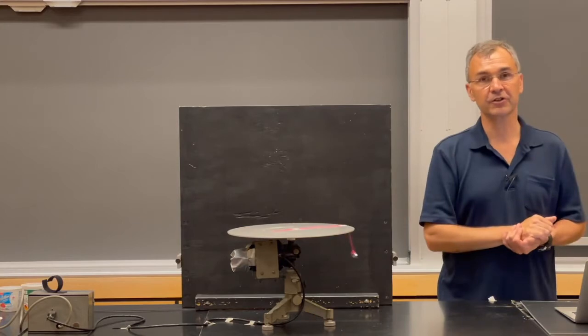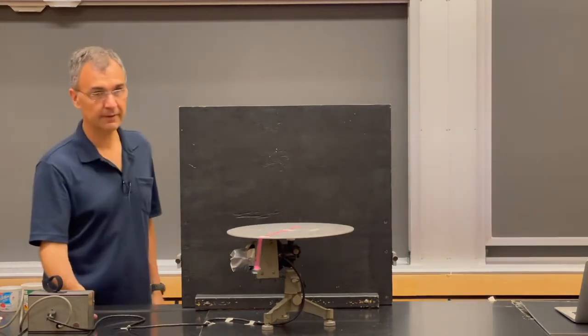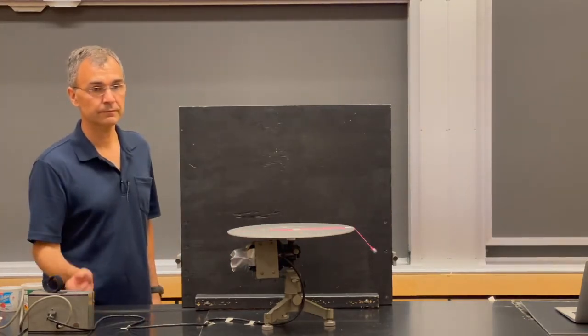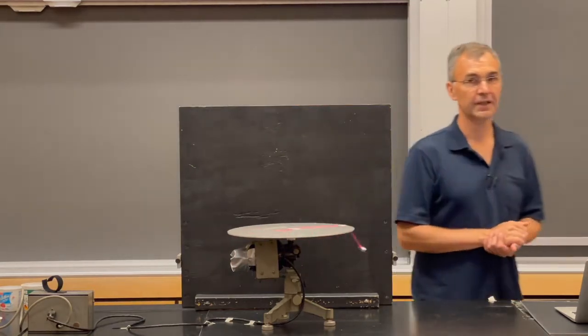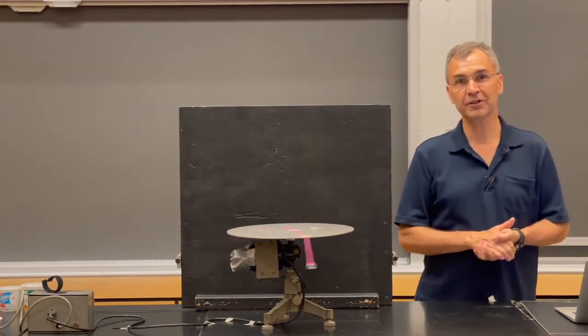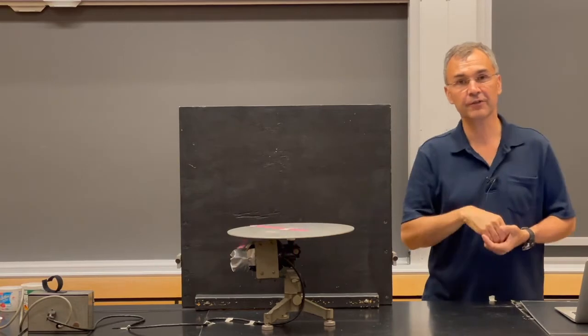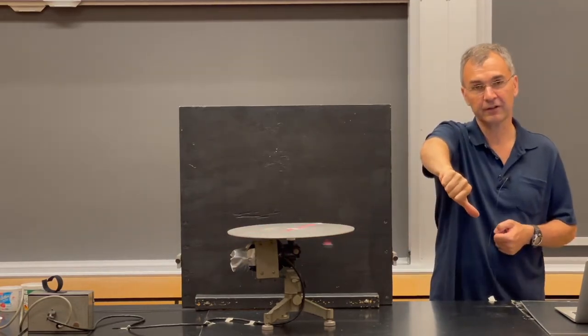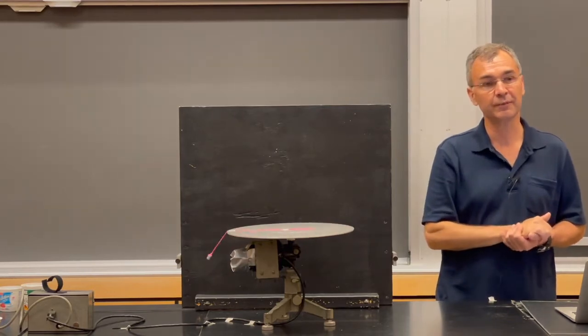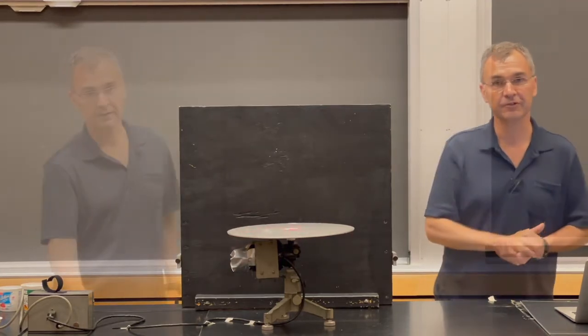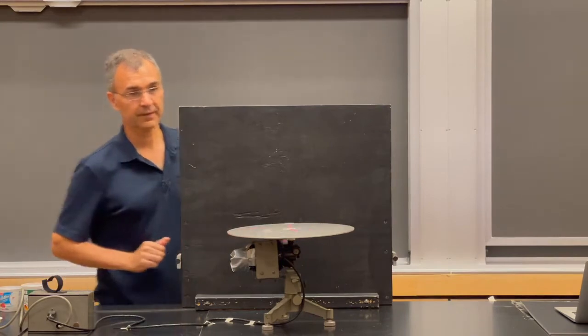Increase the rate of rotation of the turntable. Let's see what it looks like. Did you correctly predict that as I increased the rotation rate, the string would achieve a larger angle with respect to the vertical? So that seems to continue to be true if I make the rotation rate even a little bit faster.